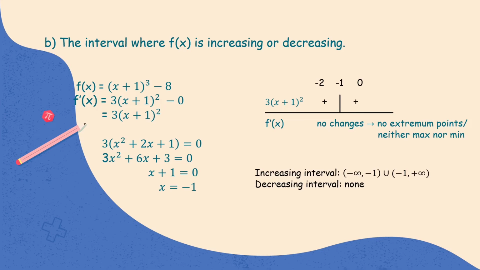Then for increasing interval, we get (negative infinity, negative 1) union (negative 1, positive infinity). And decreasing interval, none.